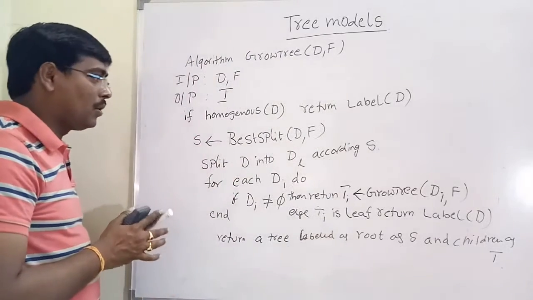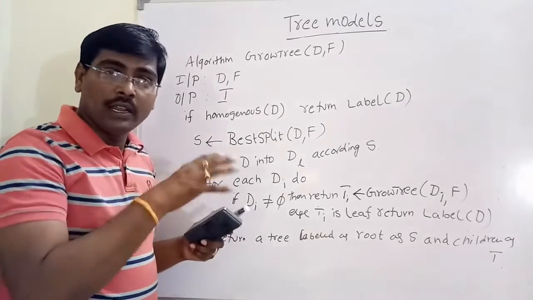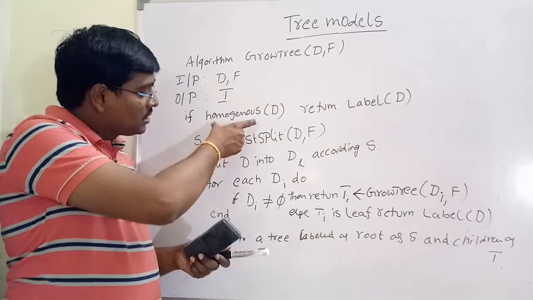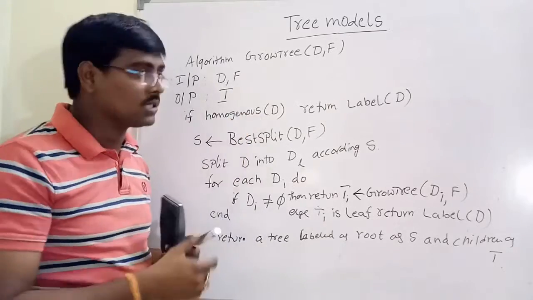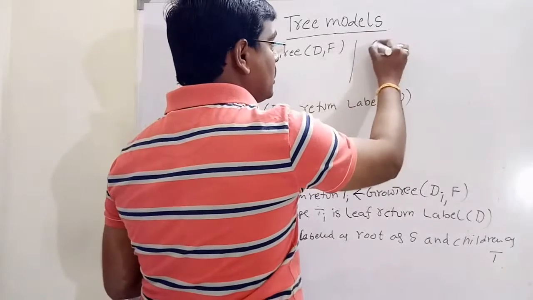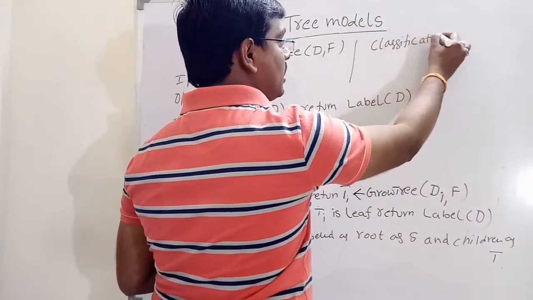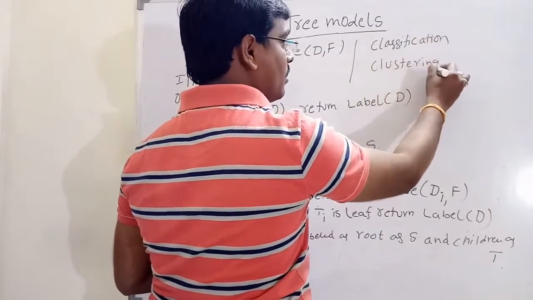So remember one point: not only in this algorithm, but for any tree model, this homogeneous function mainly depends on the task. For example, if the task is classification, or if another task is clustering.